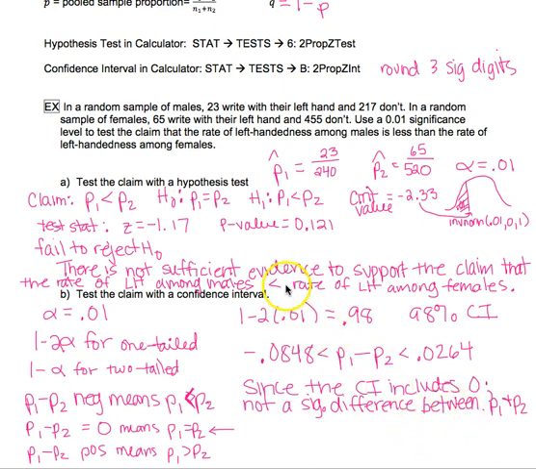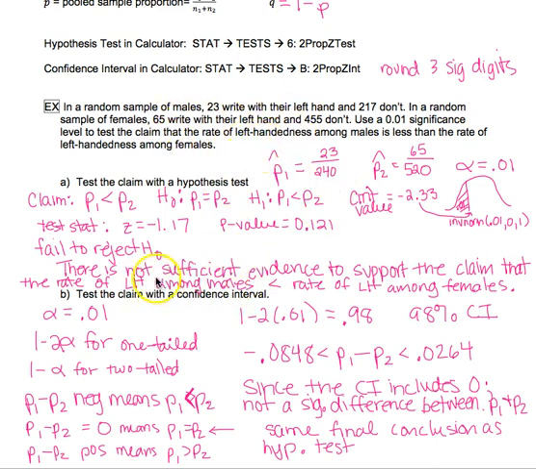That means I can't, with confidence, say that they're less than. So I end up with the same final conclusion as my hypothesis test. Because in my hypothesis test, I said there wasn't enough evidence to say it's less than. Here, I'm saying that I can't rule out that they're the same, which means I definitely can't say that it's less than.